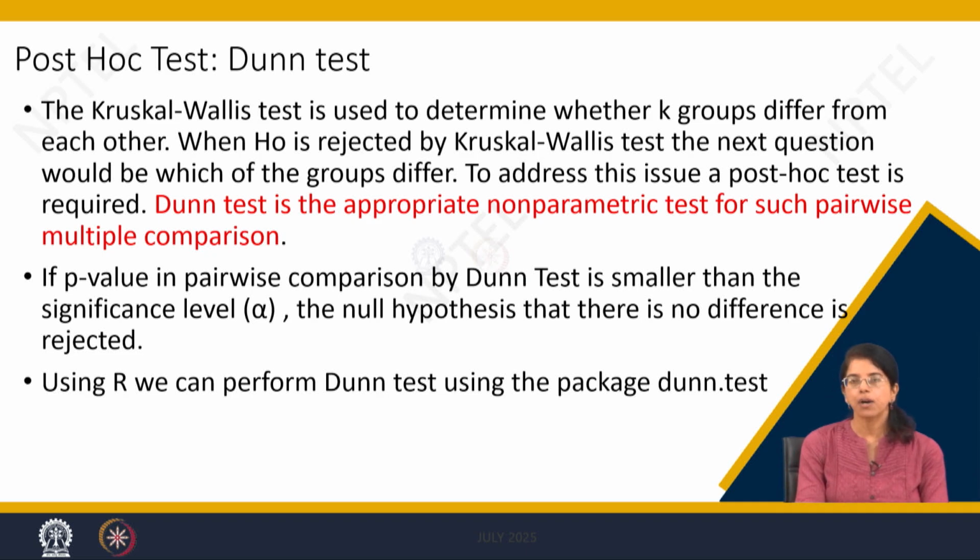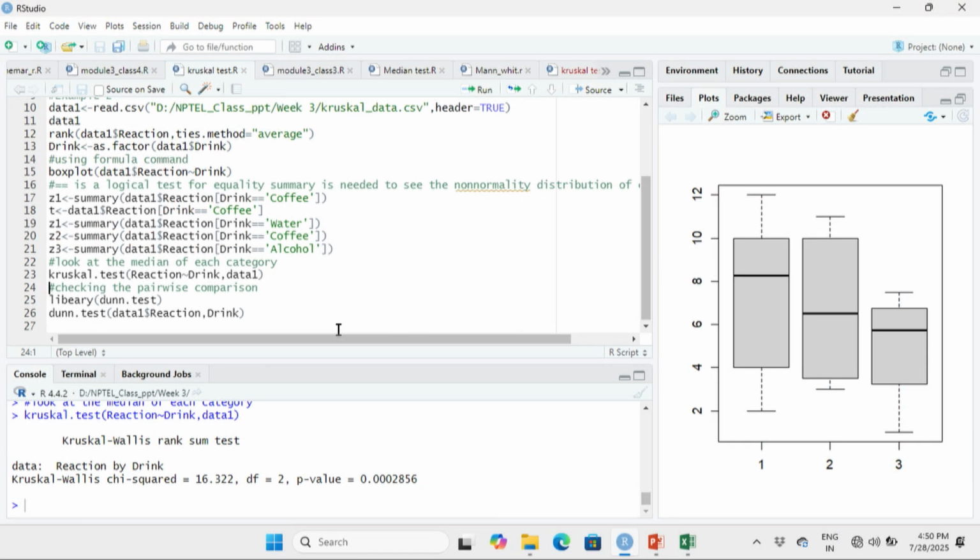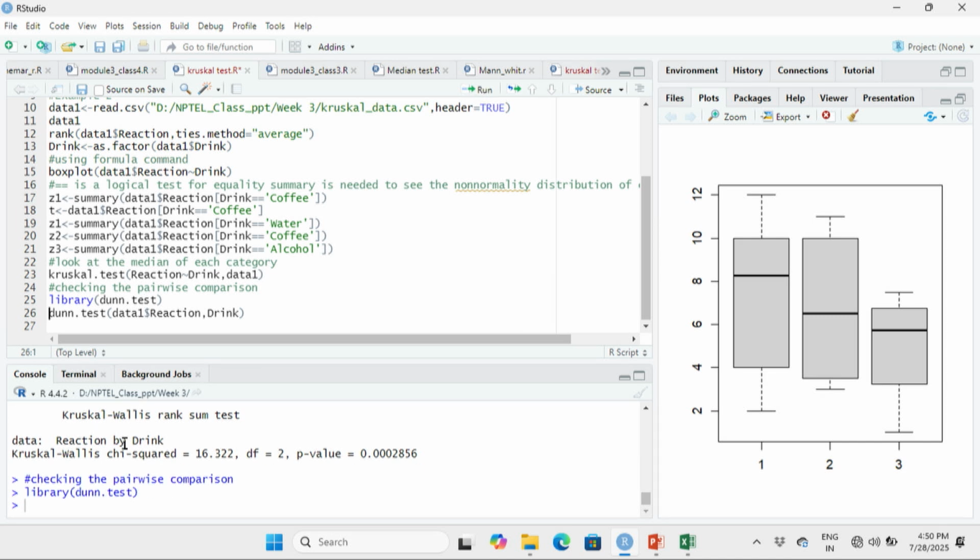Let me get back to the R console once again to check on the Dunn test. Checking the pairwise comparison, first library dunn.test. Now, the Dunn test would be done on the data1 reaction time and the factor is drink.